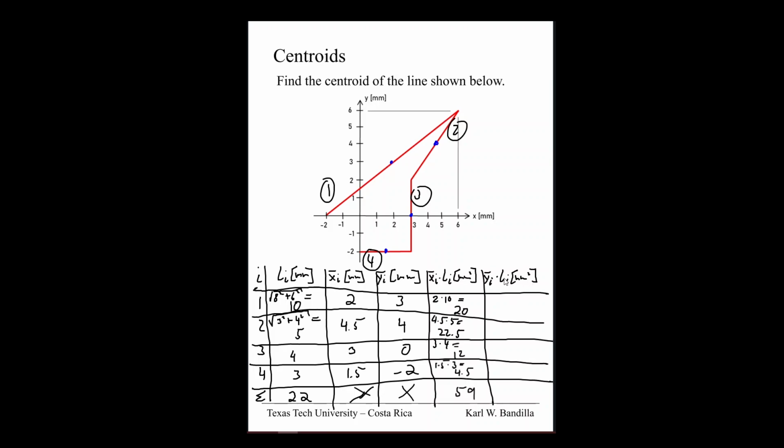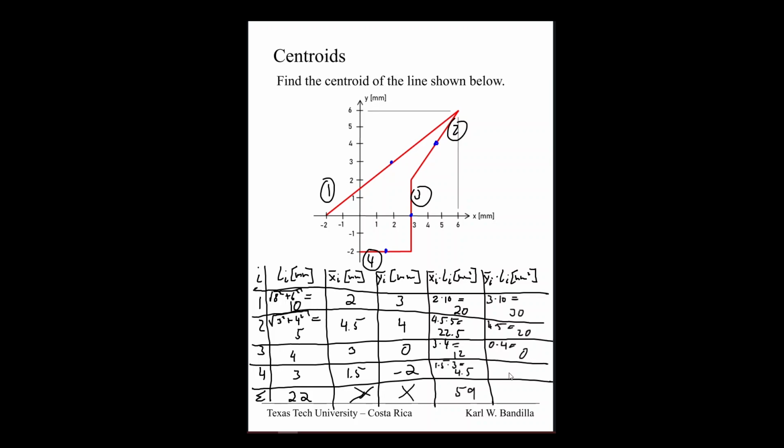And then the same in the y direction. So y bar i, so it'd be 3 times 10 equal to 30. Then we get 4 times 5 equal to 20. Then we get 0 times 4.